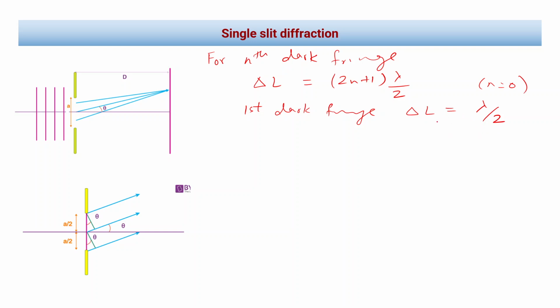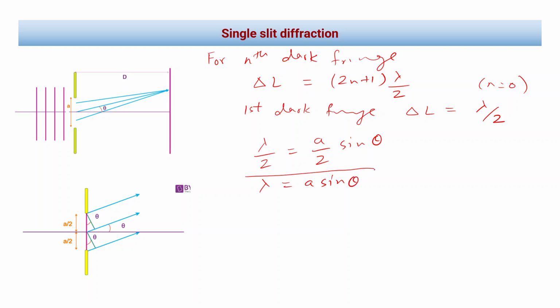From this, what we see is this path difference should be lambda by 2, and also we know the path difference is a by 2 sine theta, from which we get lambda is equal to a sine theta.